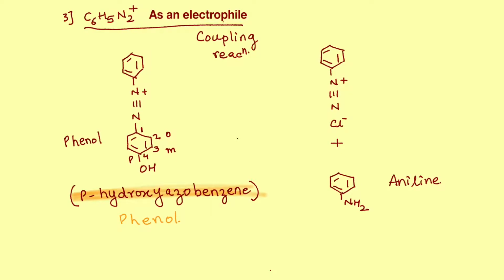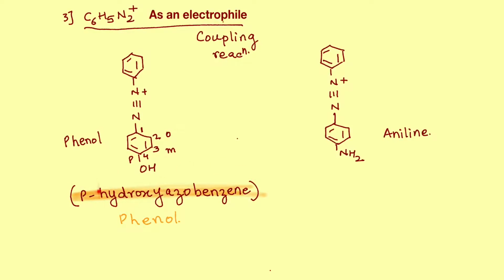Okay, try the next reaction. Again, benzene diazonium chloride, get rid of the Cl. We pick up our aniline, take it closer to the benzene diazonium salt, form a bond over here. Now, it's a yellow, right? Can you name this product yourself on the basis of what we did in the previous one?